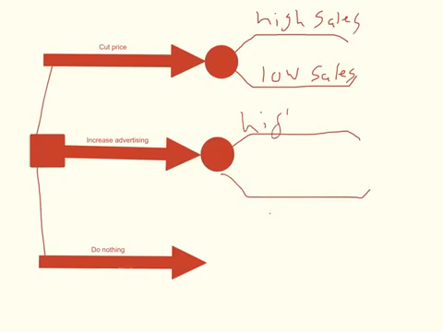So again, this could lead to high sales, or could lead to low sales. So how do we determine what the outcomes might be? Well, for these options we use probability.